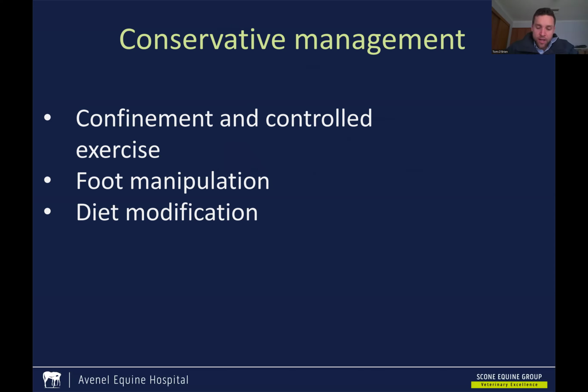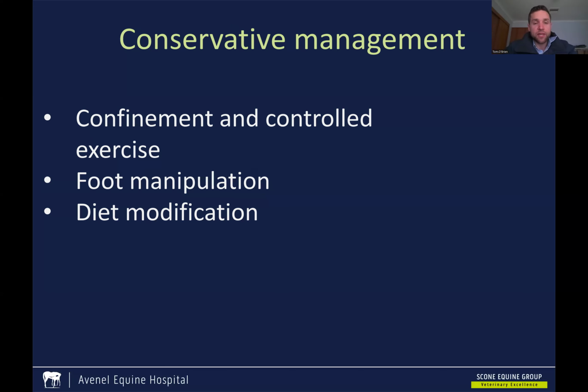So one way that we can try and treat angular limb deformities from early on is to have some degree of confinement or controlled exercise. Certainly that would be on a case-by-case basis, dependent on where it is and the severity of it, as well as other factors.